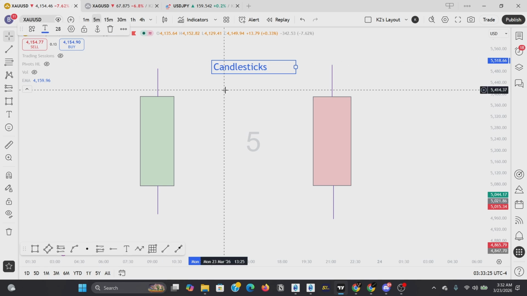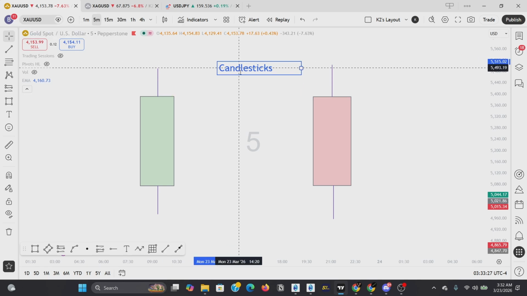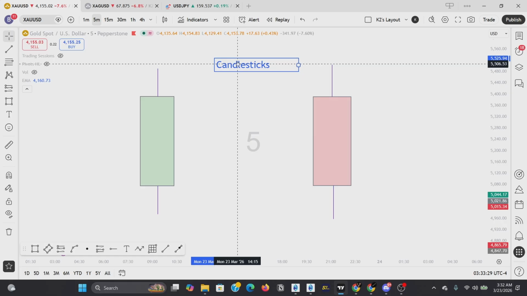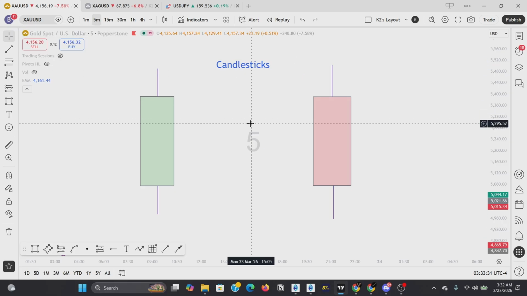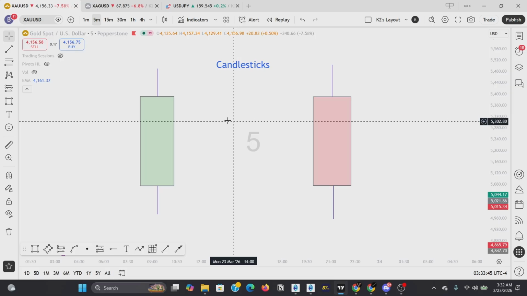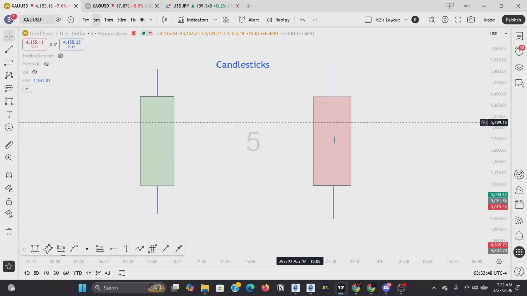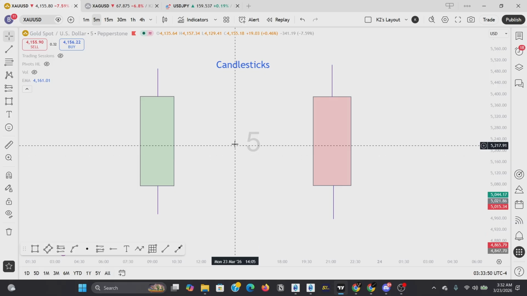Now, they are very important. What they mean is also very important. I don't necessarily trade candle theory, which means I don't trade based off of singular candle movements. I trade based off of overall price reaction to key levels. So, but it's still very important to know what these candlesticks mean and what they do, right?